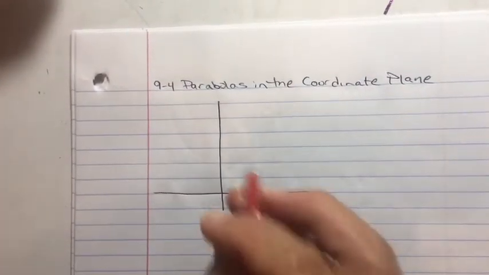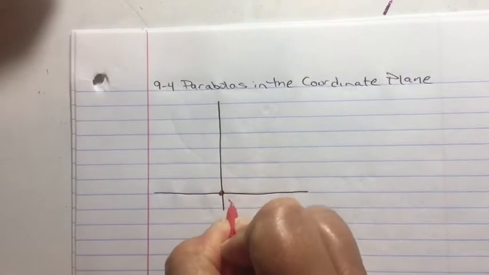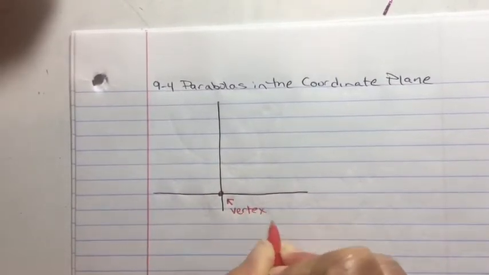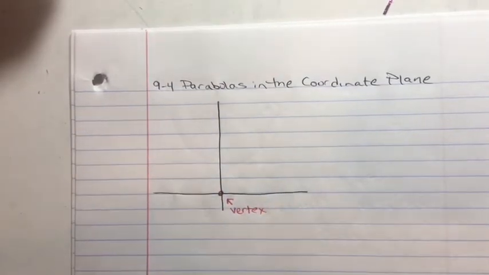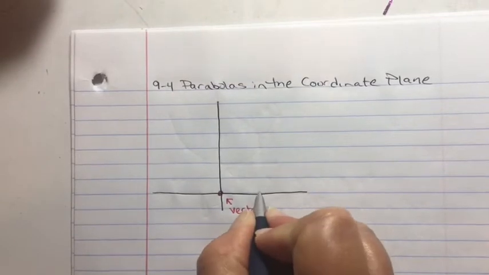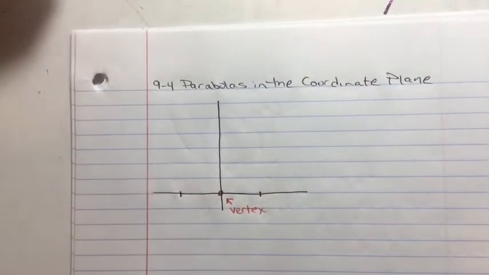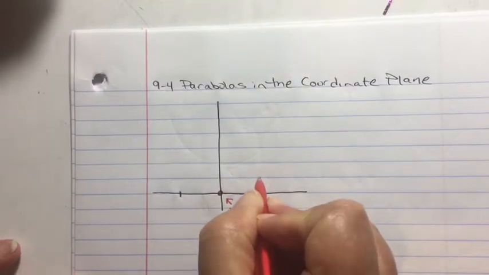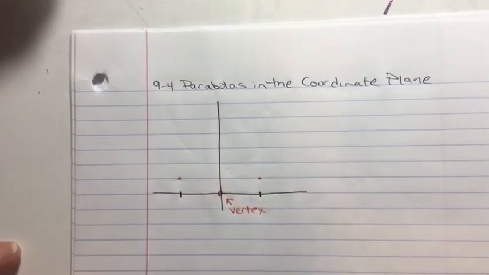We'll make a parabola, and here is going to be the vertex. The vertex is an x, y point. In this case, it'll be the origin. And then pick a point the same distance to the right and the left, just to hopefully get your parabola to be fairly symmetrical.